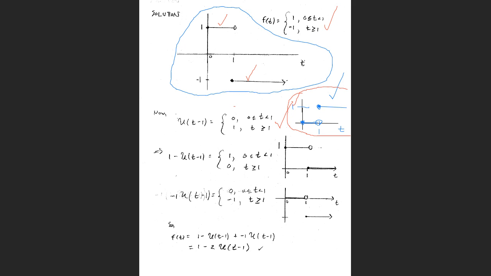But I'd like to flip this unit step function, and that's what I do by taking 1 minus the unit step function at t minus 1. And so that would give me this function here. 1 minus the unit step function at t minus 1 will equal 1 when t is greater than or equal to 0 and less than 1, and it will equal 0 when t is greater than or equal to 1.